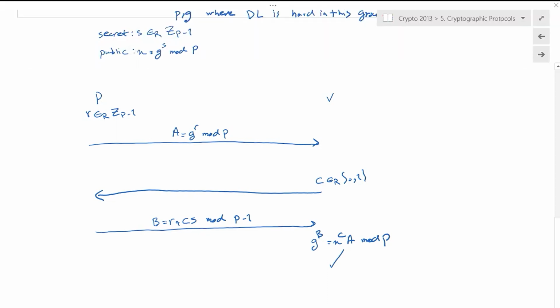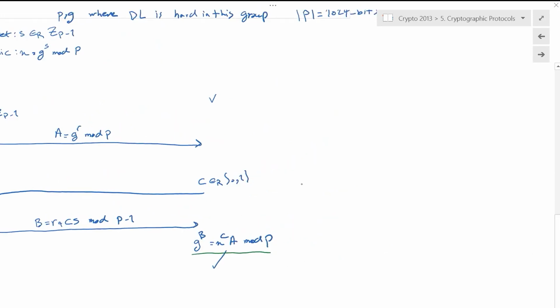First of all, let's confirm if this step is correct. Let's start with X to the C multiplied by A, and see what we get.